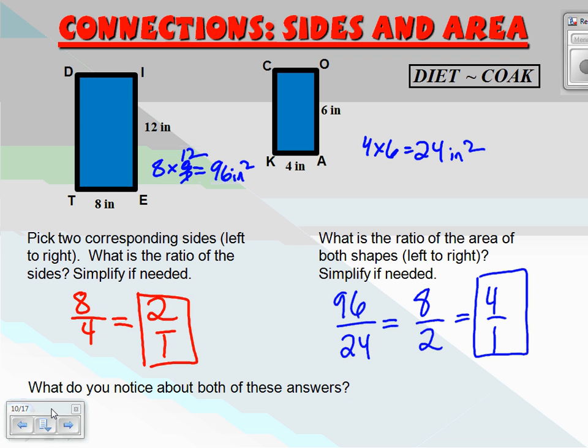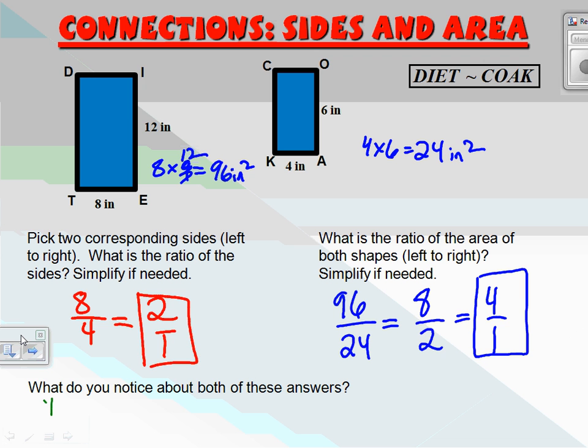Now let's see if you guys see any connections to the previous example. You guys should notice that 2, if you square it, gets you 4. If you look at the bottom, 1, what's 1 squared? The answer is 1. So what's the connection between the ratio on the left-hand side and the ratio on the right-hand side? Again, it's this.